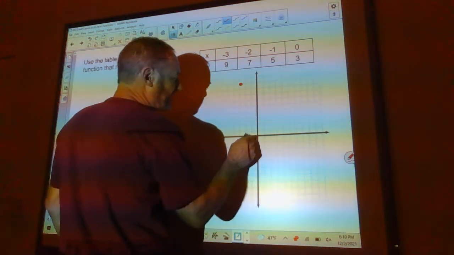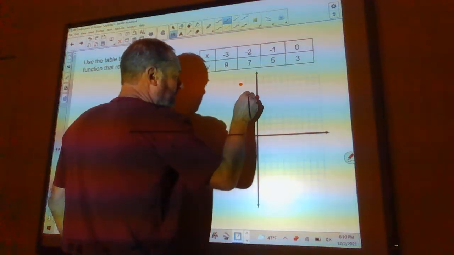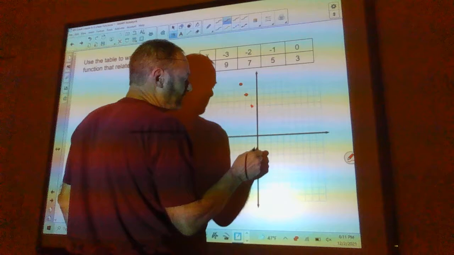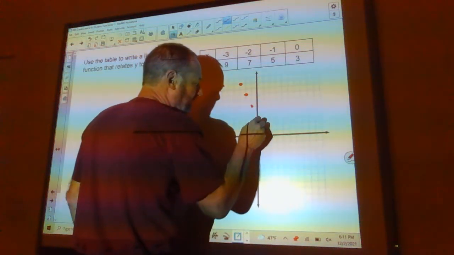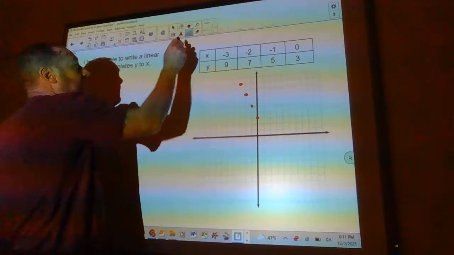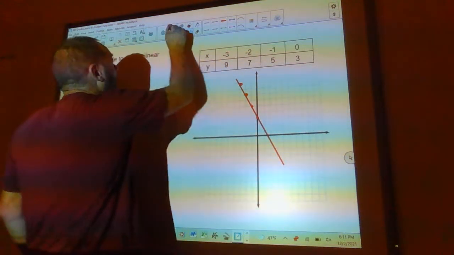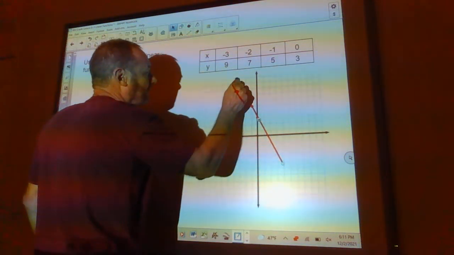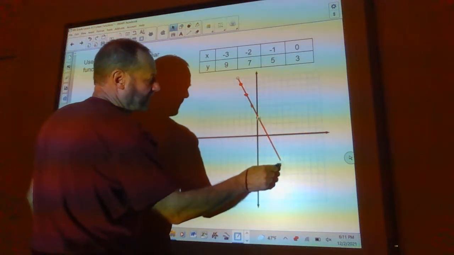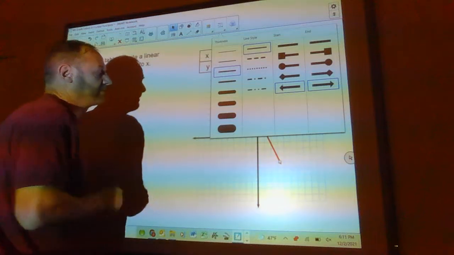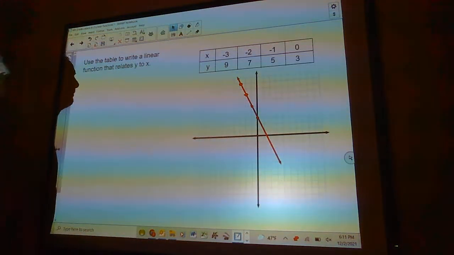And (-2, 7) would be right here. (-1, 5) would be right there. (0, 3) would be right here. So here's our line that we want to make. Looks something like that. Let's go ahead and make it a line instead of a segment. Okay, so there we go.